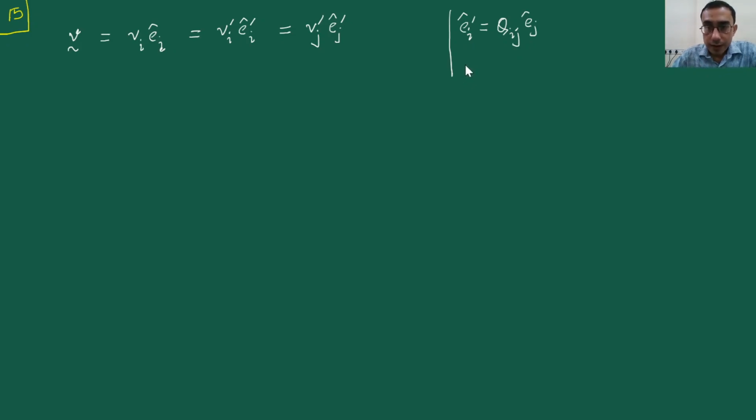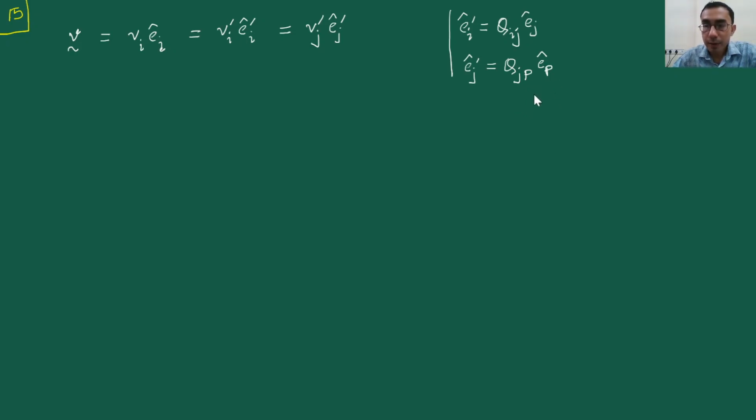Now suppose I want to write ej dash. What can I do? Just like when i was appearing here, the i was appearing in the first index of q, so also I can write like this, qj, and I can write it like some p ep hat. But this p is just a dummy index.